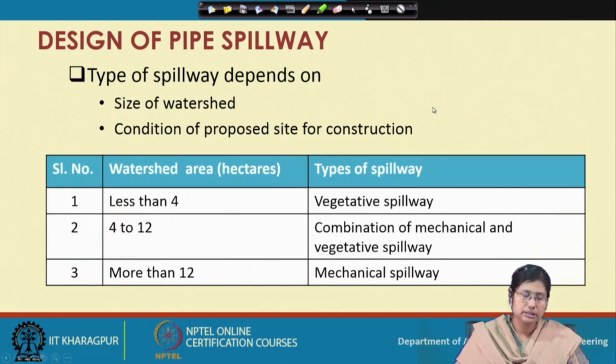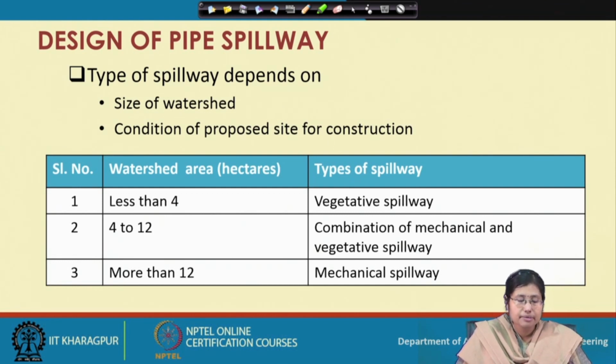Now, design of the pipe spillway. Here the type of spillway depends on the size of the watershed and the condition of the proposed site for construction. If the watershed area is less than 4 hectares, generally vegetative spillways are provided, in the case of small spillway structures.